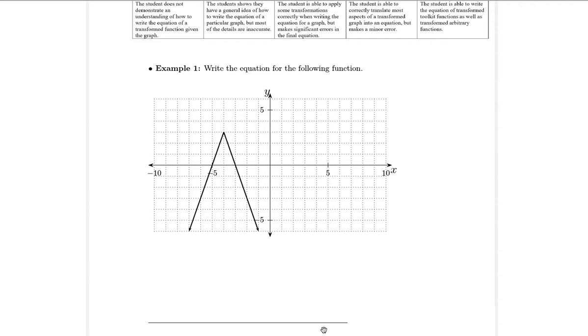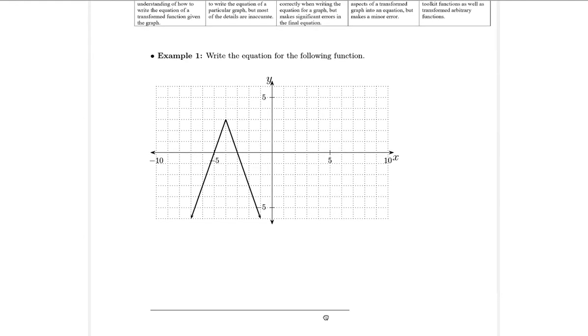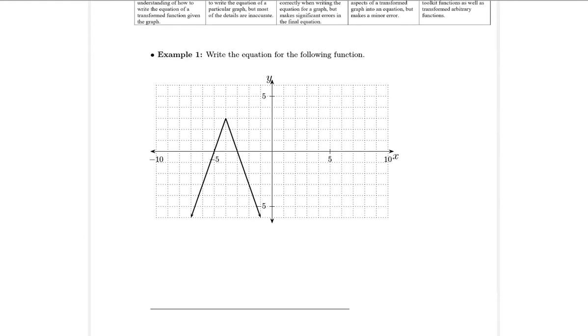So when you're looking at one of these, first of all, you have to identify what toolkit function we're working with. Anytime we see the V kind of action here, we know we're working with the absolute value. And it's never a bad idea to go ahead and sketch out what the regular absolute value graph looks like.